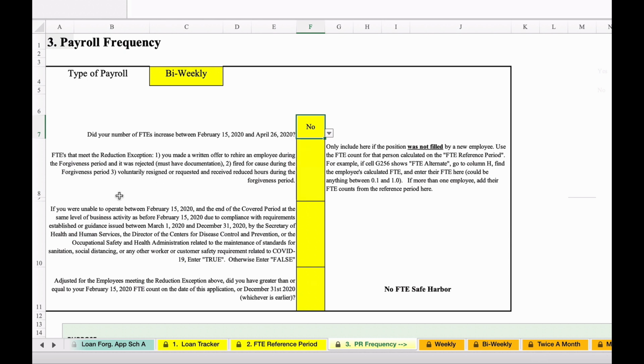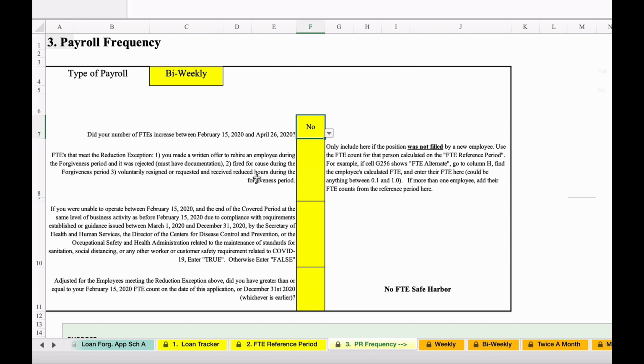FTEs that met the reduction exception. So this is basically if you had made a written offer to them and they declined it, if you fired them for cause during the forgiveness period, or if they voluntarily resigned or asked and received reduced hours during the forgiveness period. You only need to put somebody here if it is someone that you did not then replace.